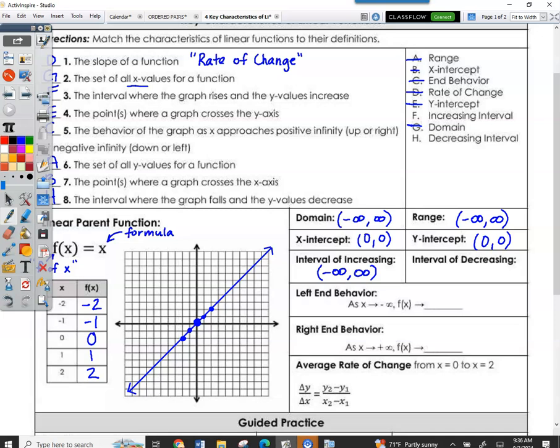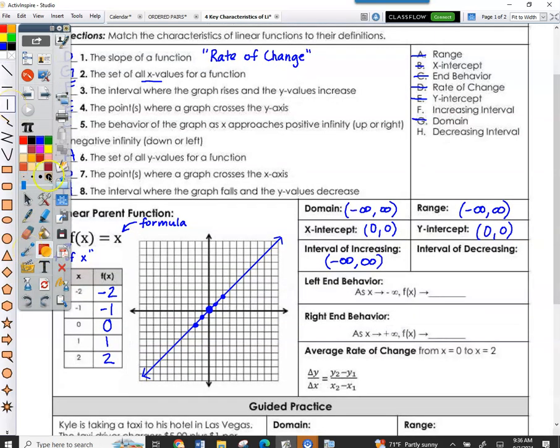Is there anywhere on the graph, as I scan my eyes from left to right, where the graph starts going down? No. Does everyone see that the answer is no here? I'm scanning my graph from left to right. With my pointer you really can tell, but if you were watching the video, you can't tell.